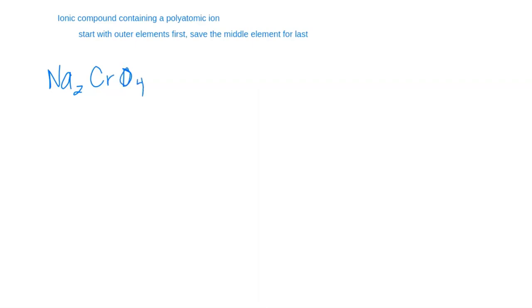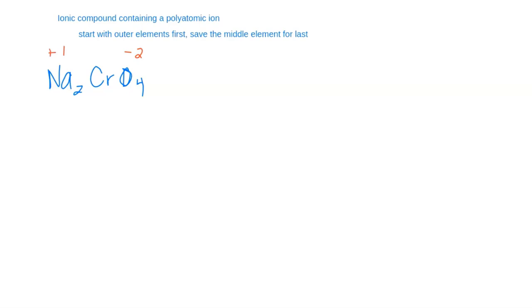So oxygen we know is a -2. Sodium isn't going to change. It's going to be a +1. So we can set up our math equation to solve for our chromium.